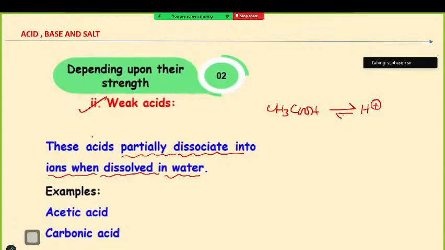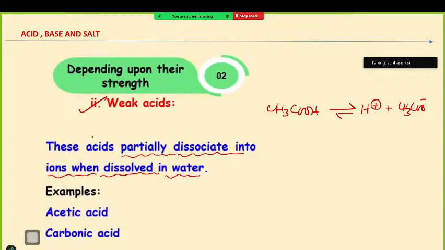That's why we use this type of symbol. Acetic acid when dissociated produces H plus and CH3COO minus. This is incomplete dissociation. Most of the acetic acid is present in undissociated form, and a very small number of H plus ions are produced in this process. That's why you can say that acetic acid is a weak acid.